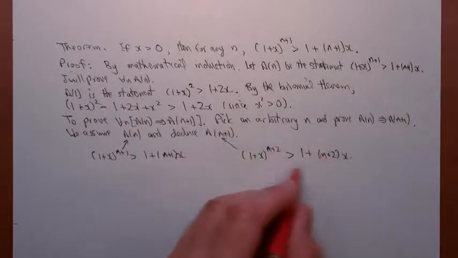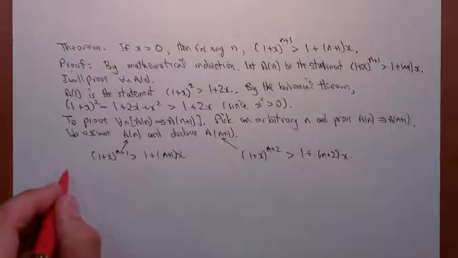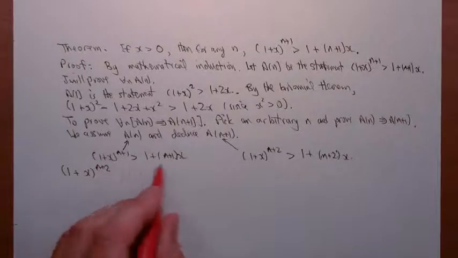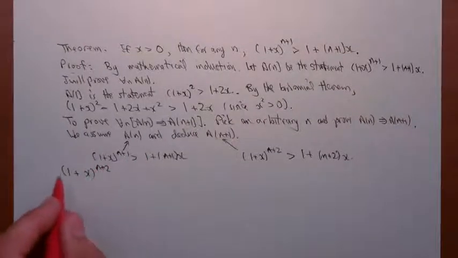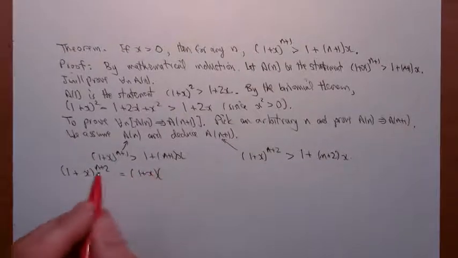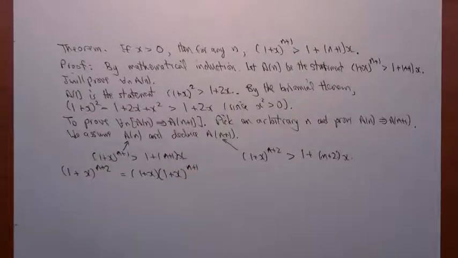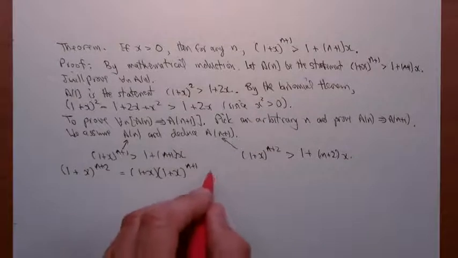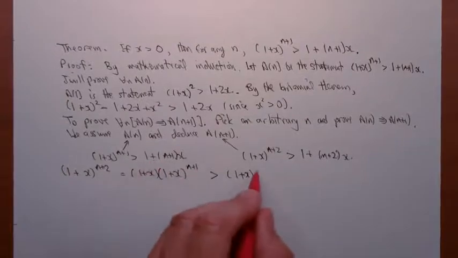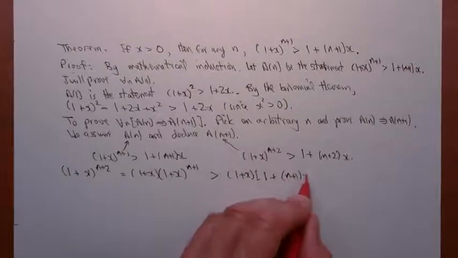So I'm going to focus on this now, and I'm going to begin by looking at the first expression, (1 plus x) to the n plus 2. In order to use the induction hypothesis, I'm going to pull out one of these terms and write that as (1 plus x) times (1 plus x) to the n plus 1. And by the induction hypothesis, (1 plus x) to the n plus 1 is bigger than 1 plus (n plus 1)x.